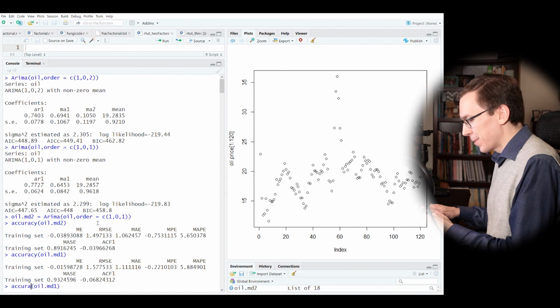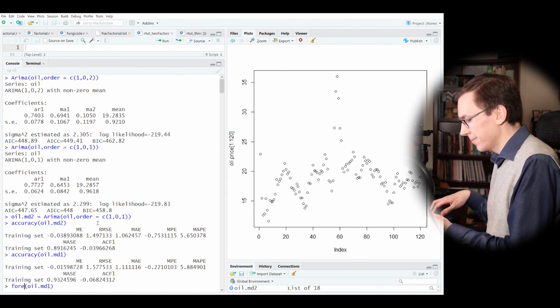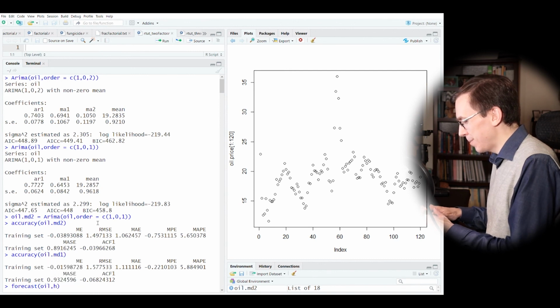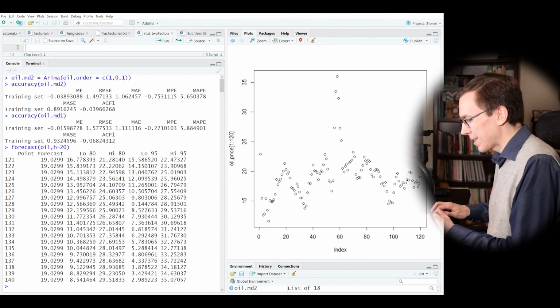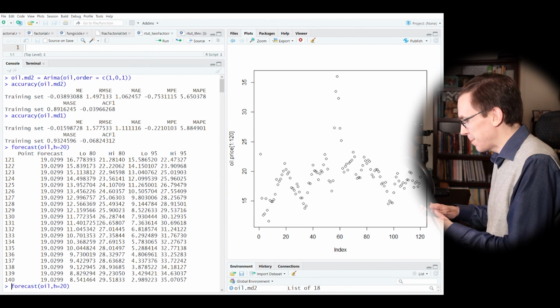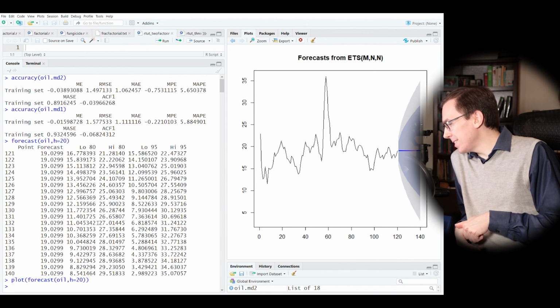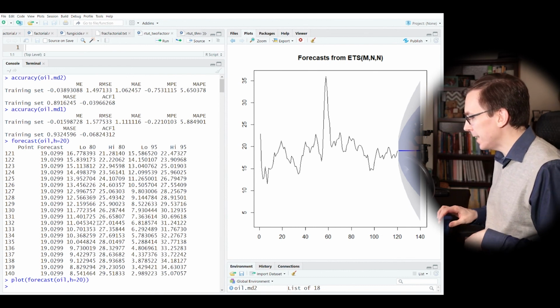And lastly, if we really wanted to, we could forecast with our oil model, say h equal to maybe 20, and see. Of course, I forgot to plot it, so it's just going to spit out a bunch of values. Yep, so once again, it basically just lays constant at the mean.